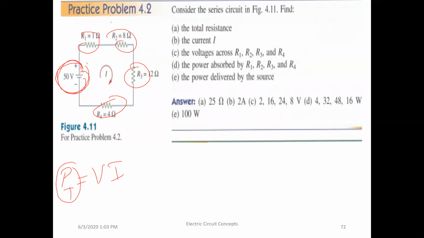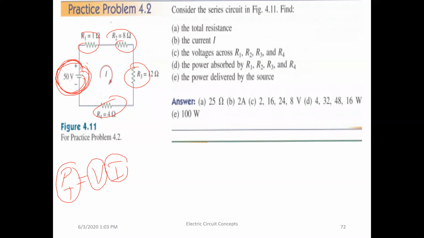Whenever we apply the power formula, we always look at the voltage across that component and the current that goes through it. The current is the same in this circuit: the same through the 50 volt source, and the same through R1, R2, R3, and R4.